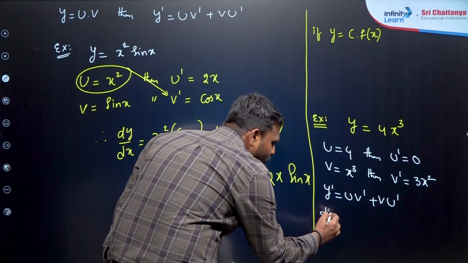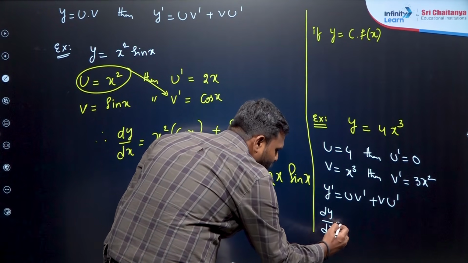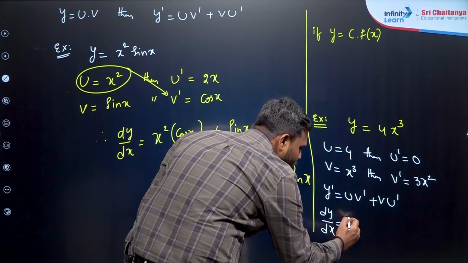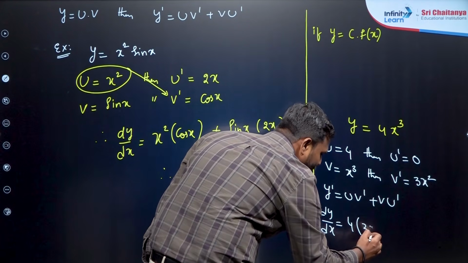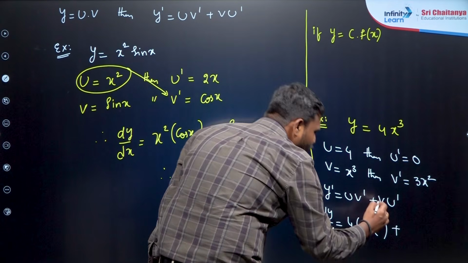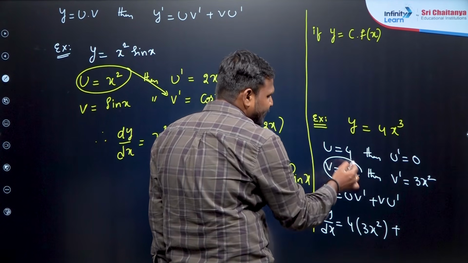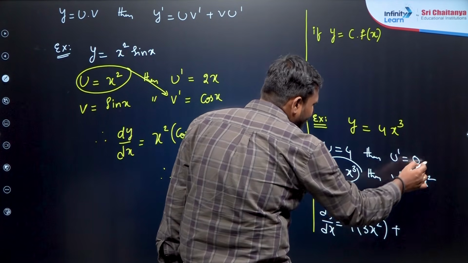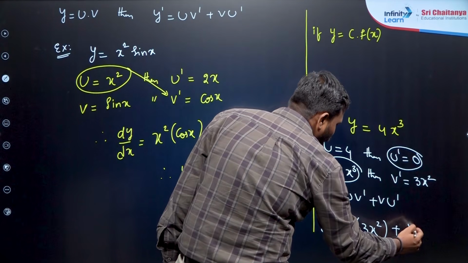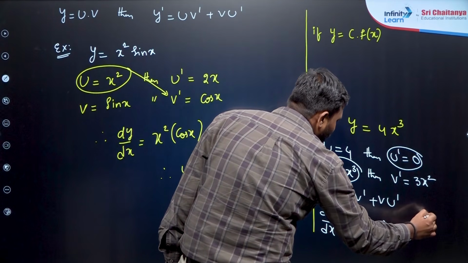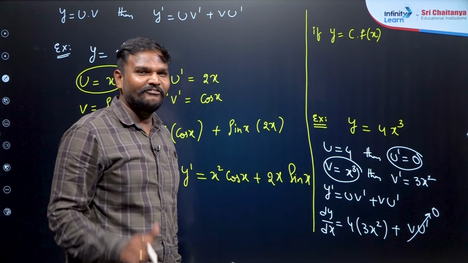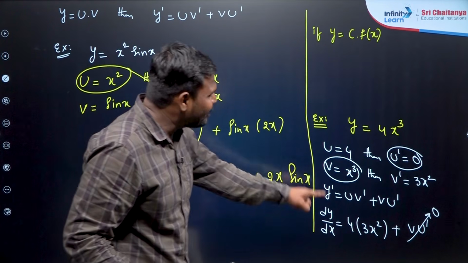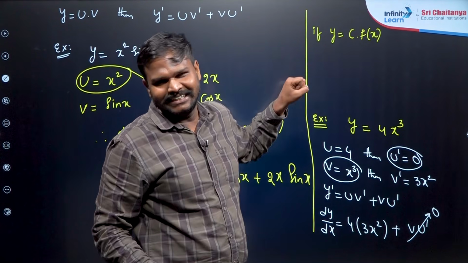So what is u? 4 into v dash, that is 3x square, plus v u dash, v is x cube and u dash is 0. So the v u dash term will become 0 always. When always? Whenever the first term is a constant.